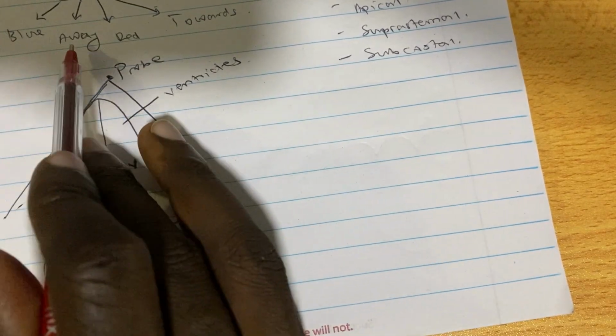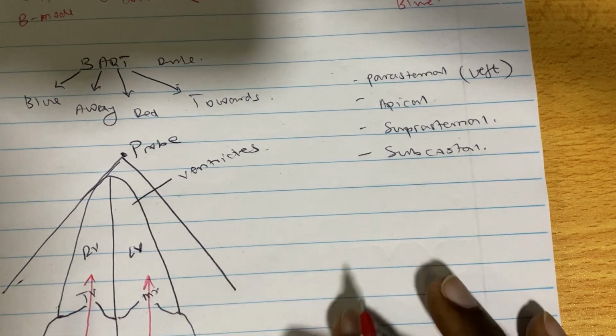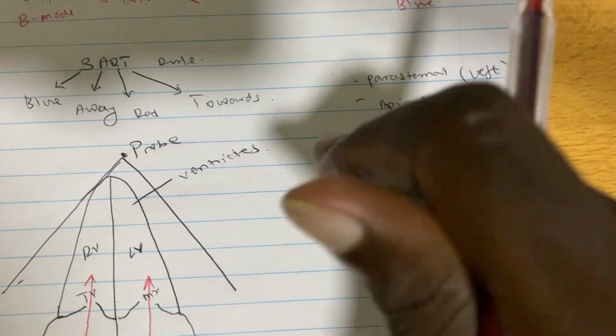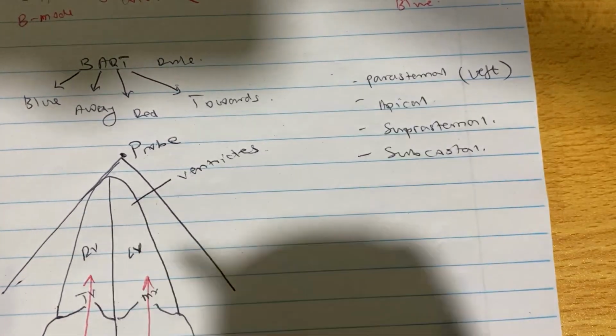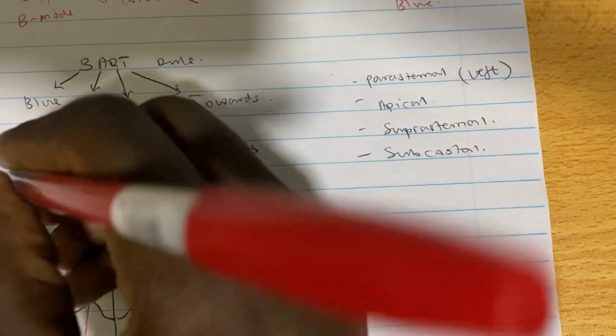Meaning, if you follow this BART rule, blue away, red towards. If you press color on the echo machine, and then you choose the sector where you want it, a dialog box will come, just like this.